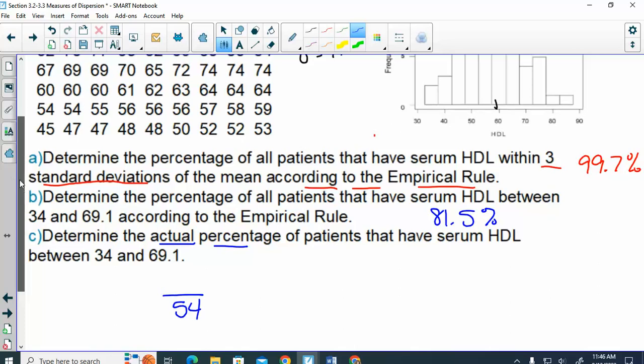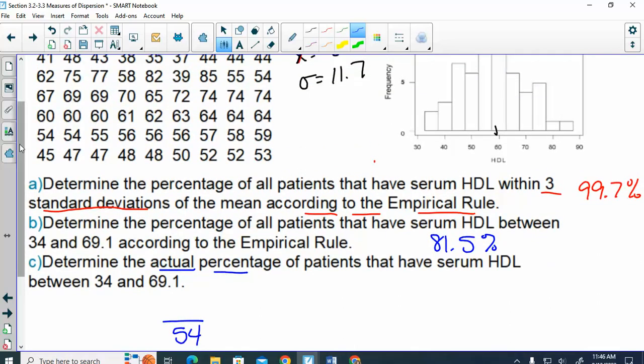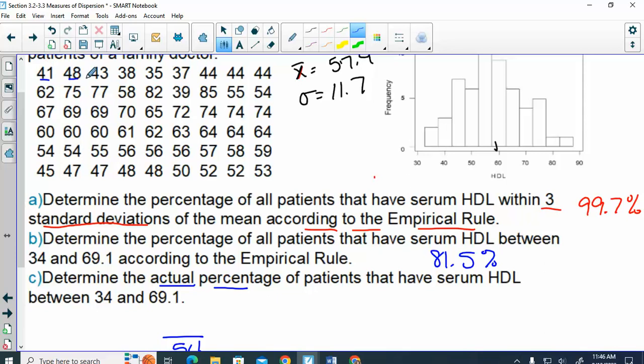How many of these original numbers were somewhere between 34 and 69.1? Of them.